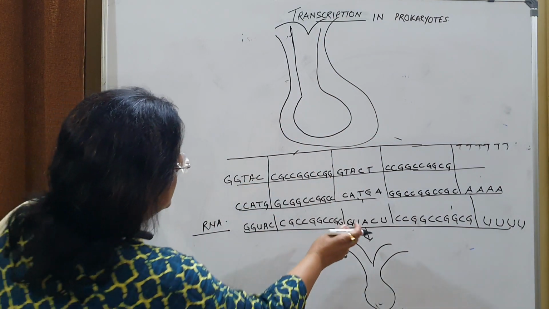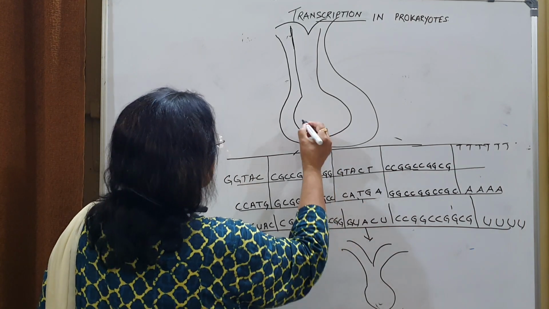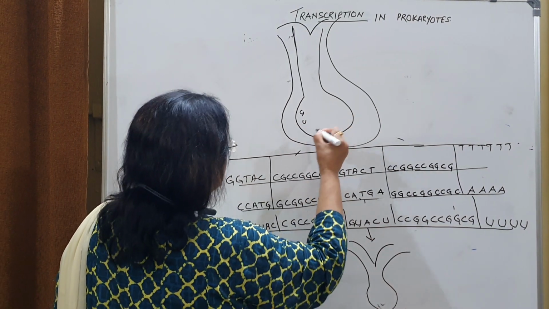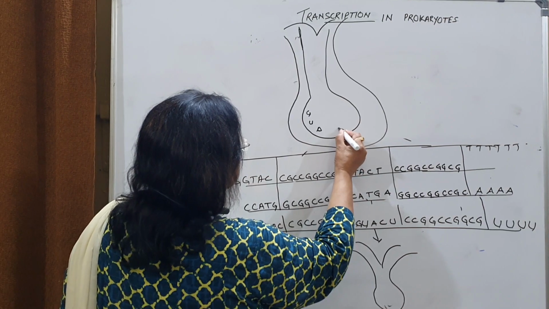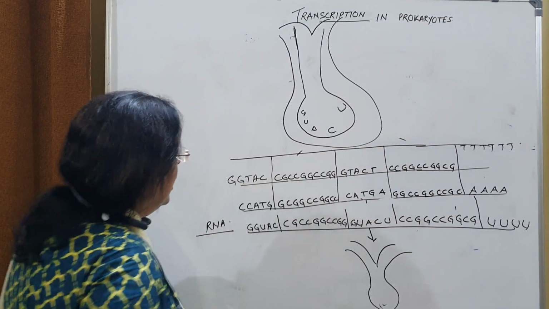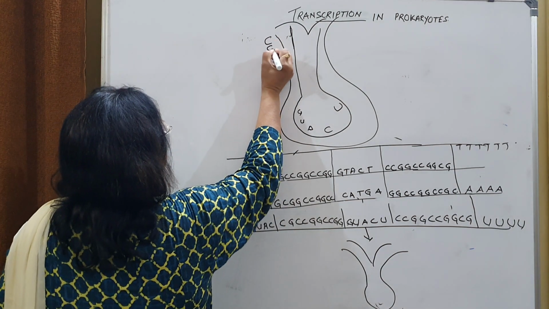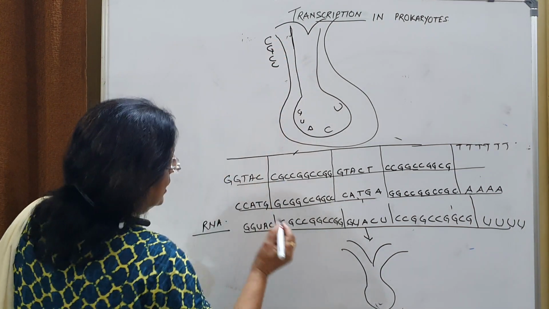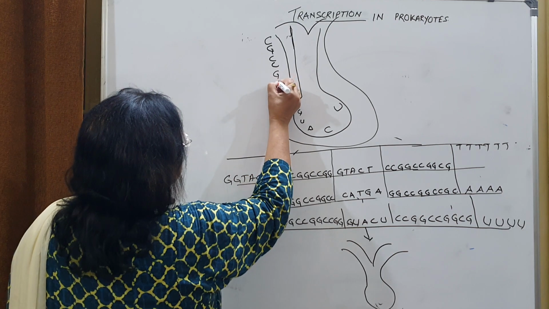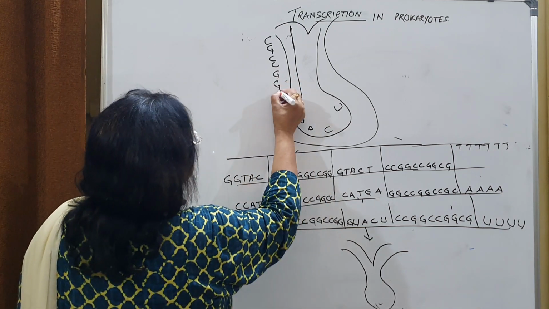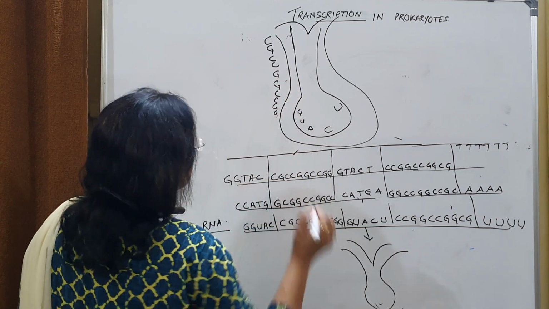Now in the center we have this base pair G, U, A, C and U. On this side we will have CGCC, GG, CCGG.